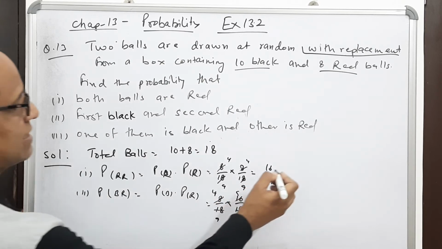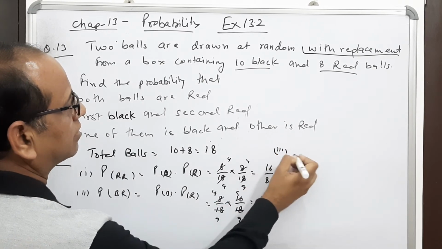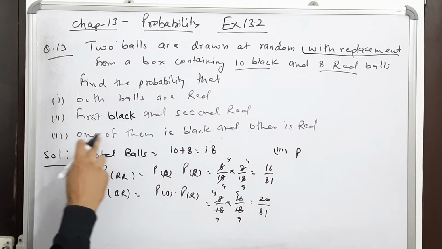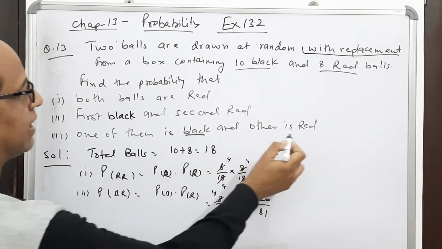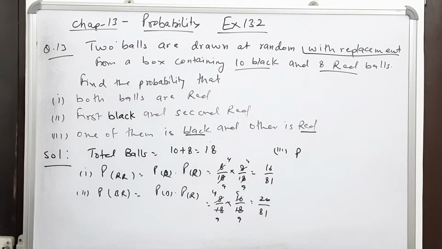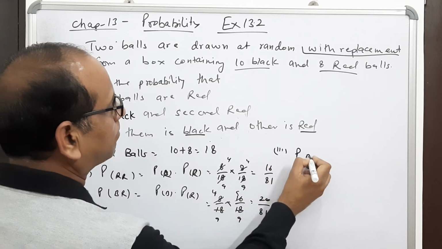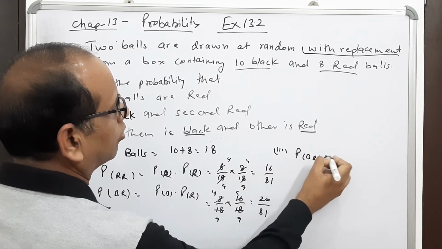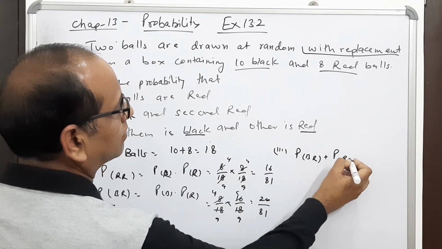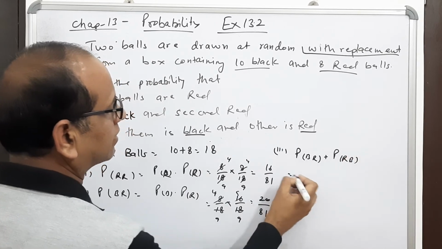The third part is very important. The third part is one of them is black and the other is red. So it is P(black, red) or P(red, black). Both are right.